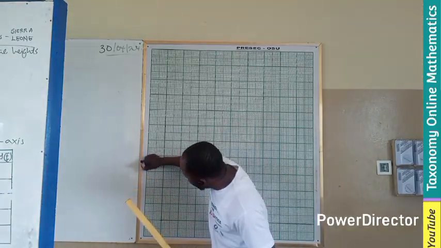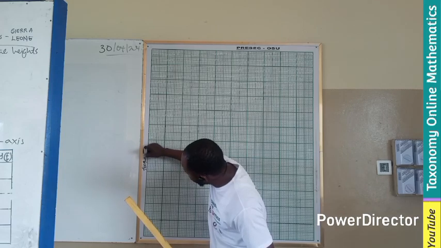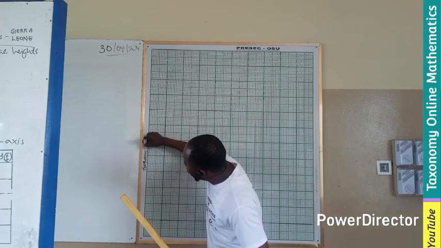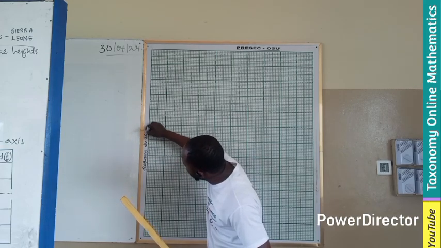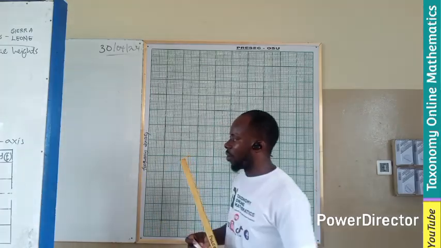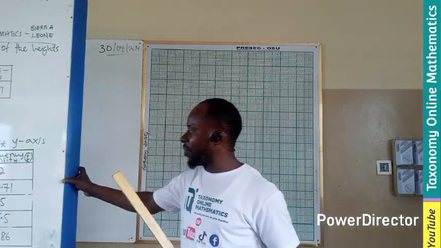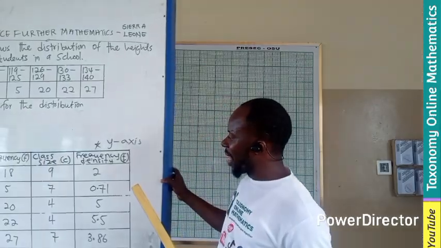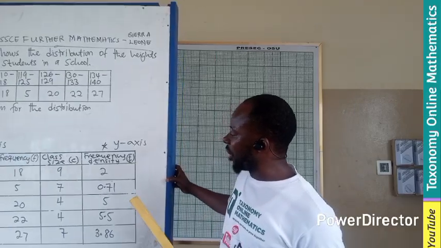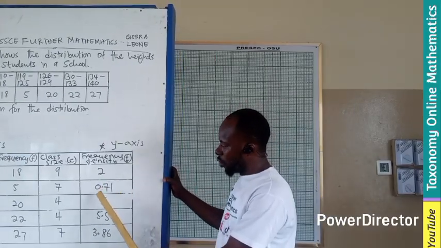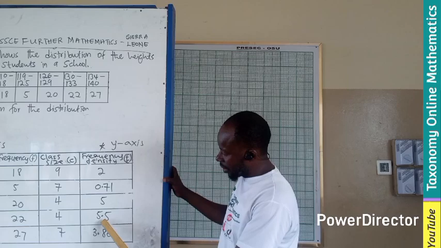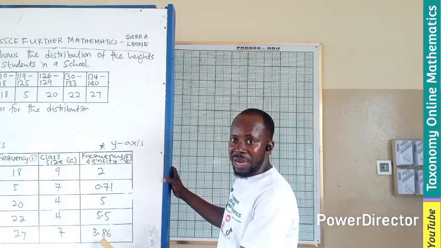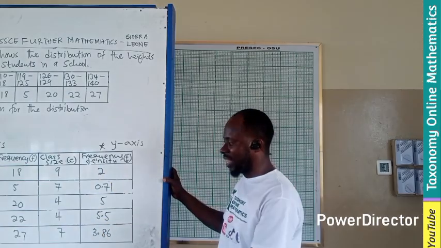This is our frequency density axis. So we are going to check from the frequency density. I'm having values ranging from 2, 0.7, 5, 3. So what I need to do is to pick a convenient scale.